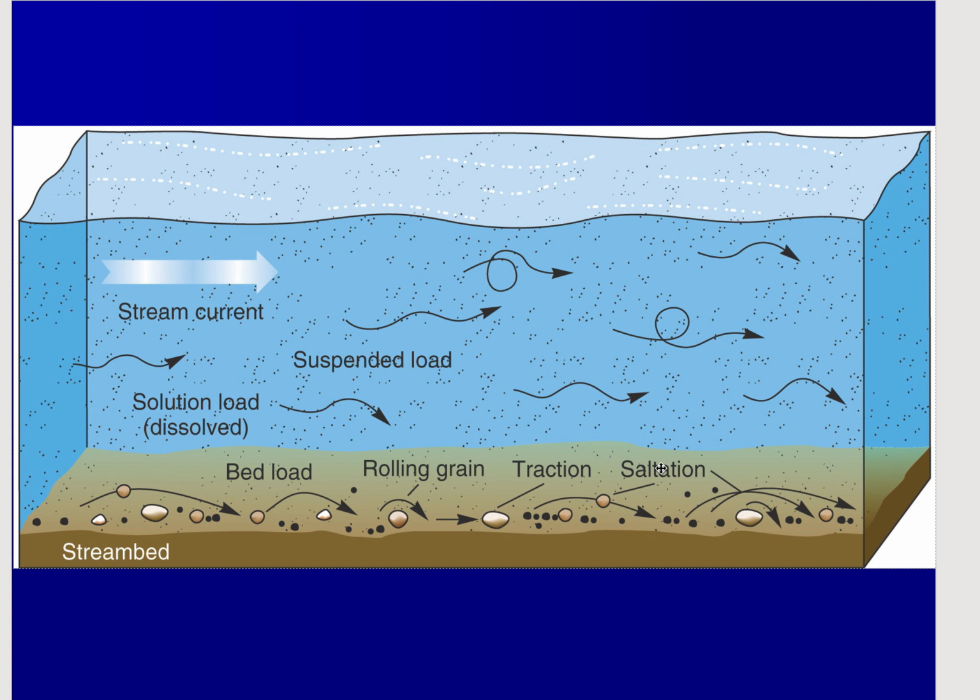So here's saltation, right? Where I've got a parabolic curve happening here. Here's the stone that's up and moving forward. It's going to come down. It's going to hit this little stone. This little stone's going to come up and bounce and hit another little stone, and this little stone's going to come up and bounce. All right, so this is what we end up getting as a function of how material is transported through a river.